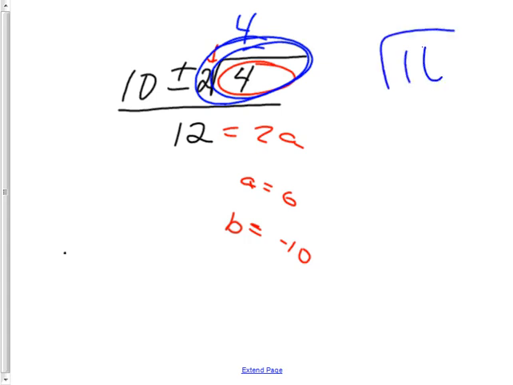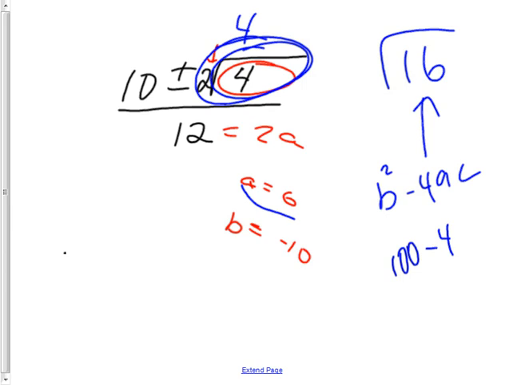Square root of 16. So then you know what's equal to 16? B squared minus 4AC is equal to 16. And I know B is negative 10, so it's 100 minus 4 times, I know A from right here, A is 6, times C. And now I go 100 minus 24C equals 16.